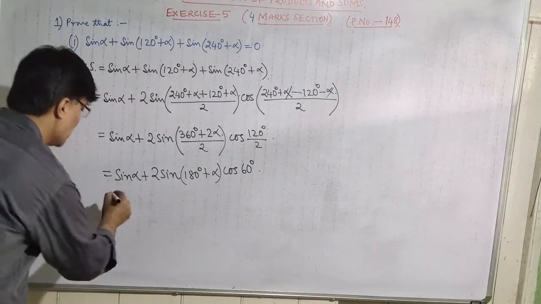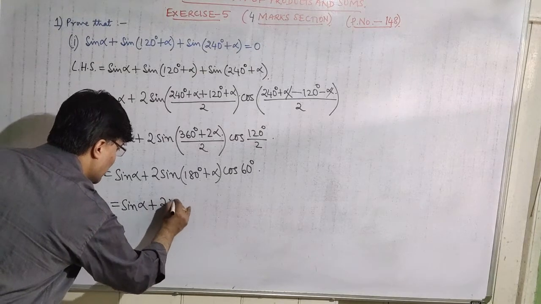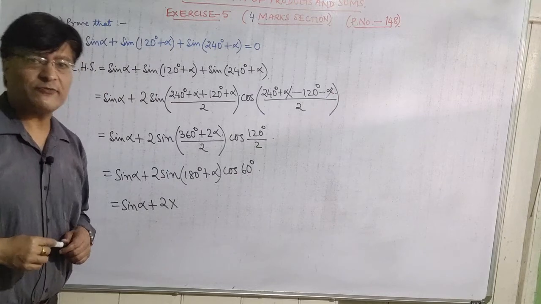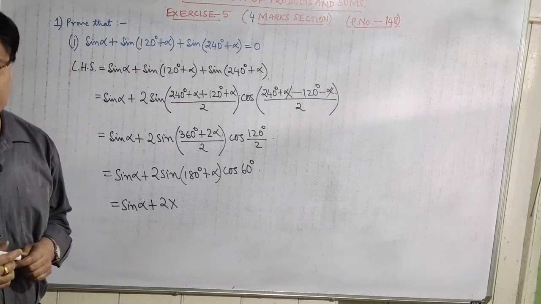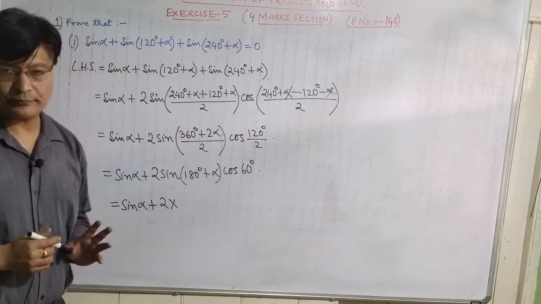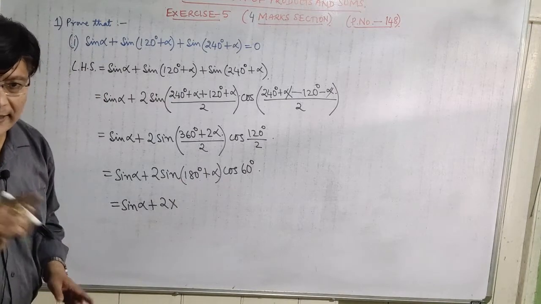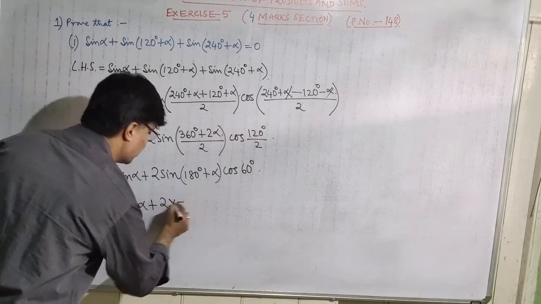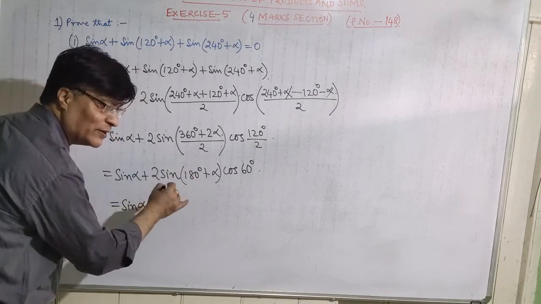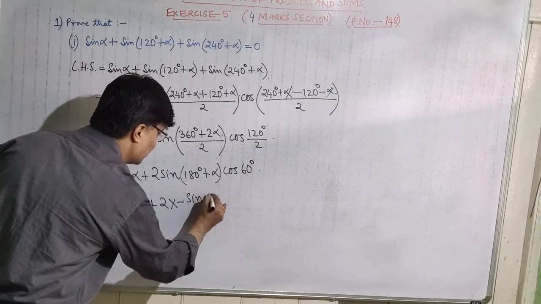Is that clear? So this is sine alpha plus 2 into... now what is the formula for sine 180 plus alpha? You know it from trigonometrical ratios of associated angles, isn't it? We have already done it. 180 plus alpha lies in the third quadrant, and in the third quadrant sine is always minus. Since 180 is 90 into 2, an even multiple of 90, sine remains as it is, that is sine alpha.